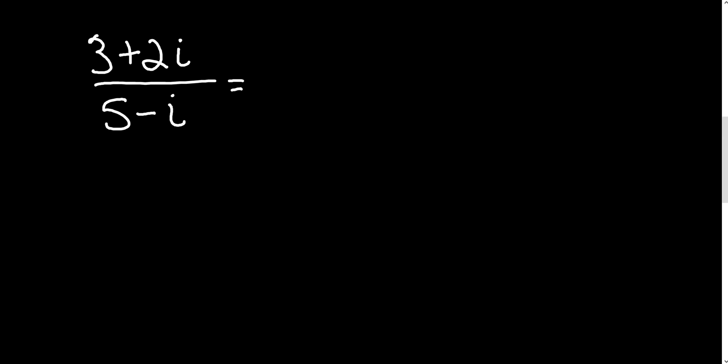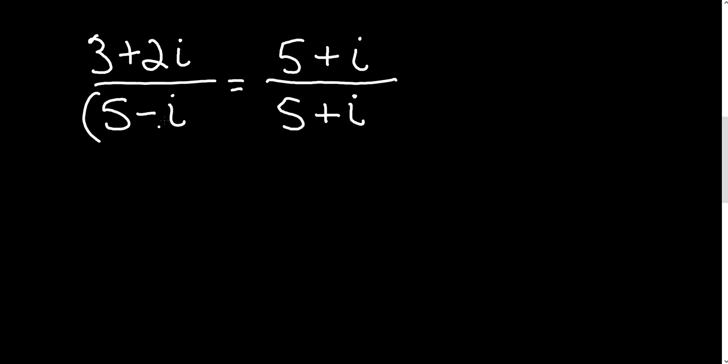Okay, here's another one. Same concept. I want to multiply top and bottom by the conjugate of 5 minus i, which is 5 plus i. Top and bottom. Here, FOIL the bottom, or use the sum and difference of the same two terms, which is a big reason why we do this.